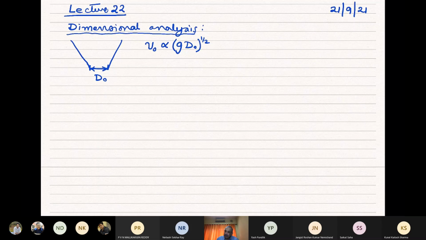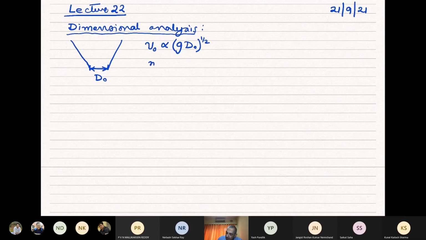Where g has units of length by time squared multiplied by length, so this product has units of length squared by time squared. When you take the square root of it, you'll get units of velocity. So this is the typical velocity that we will expect.